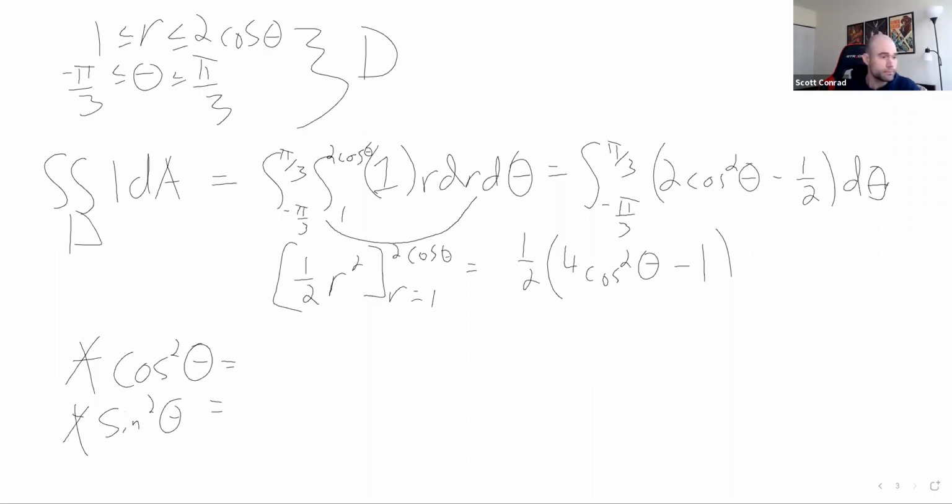So cos squared theta is equal to 1/2 times 1 plus cos of 2 theta. These are the double angle formulas. And sine squared theta is similar, except it's 1/2 times 1 minus cos 2 theta. Those are good to have memorized.